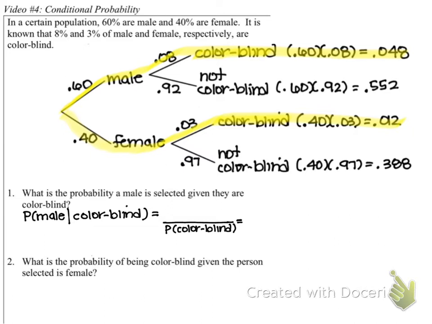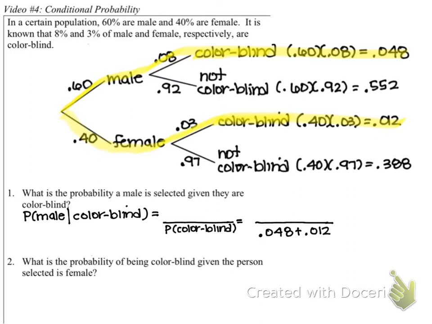So the probability of colorblind could be from the top branch, which is 0.048, or from that bottom branch, which is 0.012. Of those two branches, again, we're ignoring the other ones now, we want to know which one represents male.